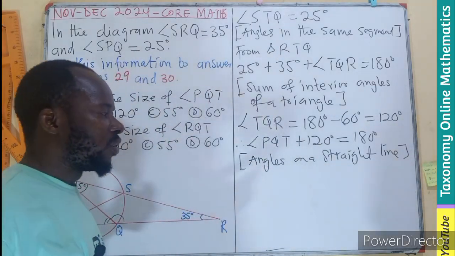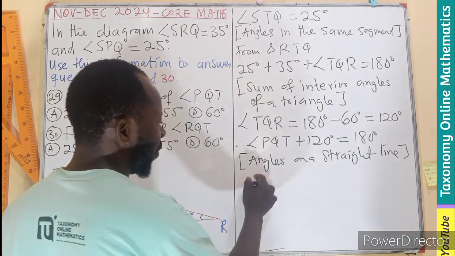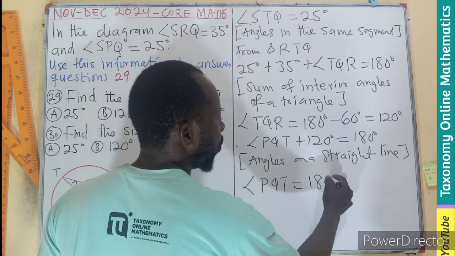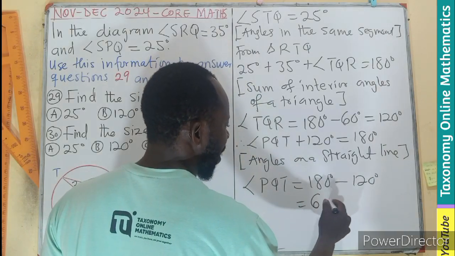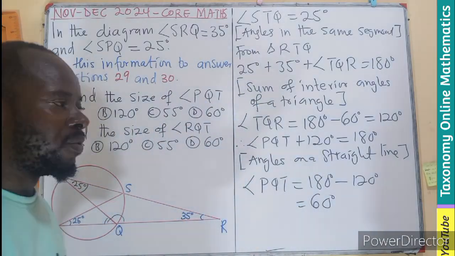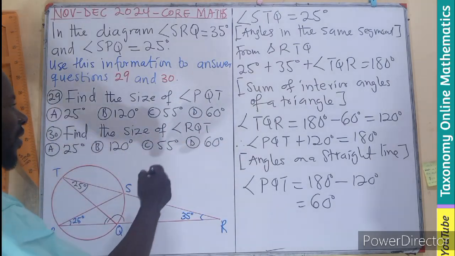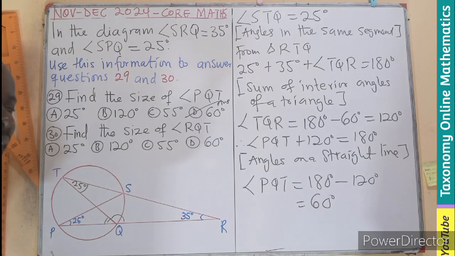You know, angles on a straight line add up to 180 degrees. So we find angle PQT equals 180 minus 120, and that will give us 60 degrees. So in all, we know PQT is 60 degrees. So we'll be picking D as the best option for question 29.